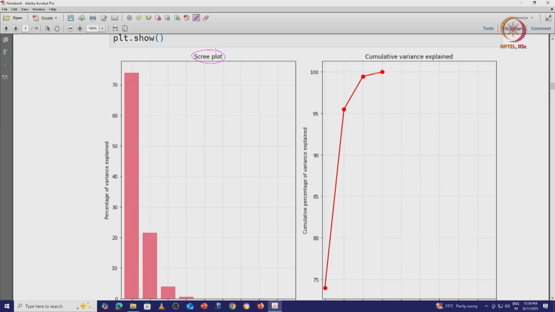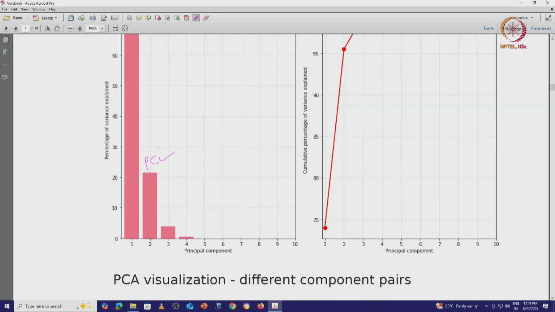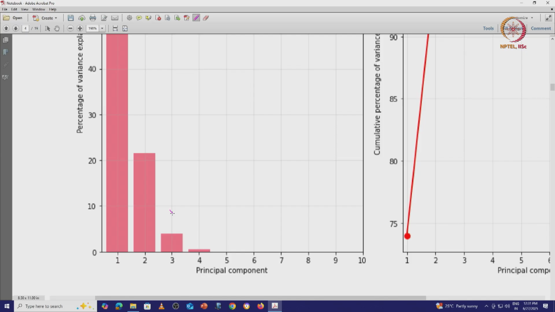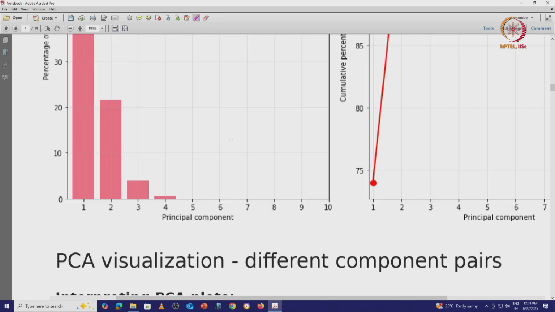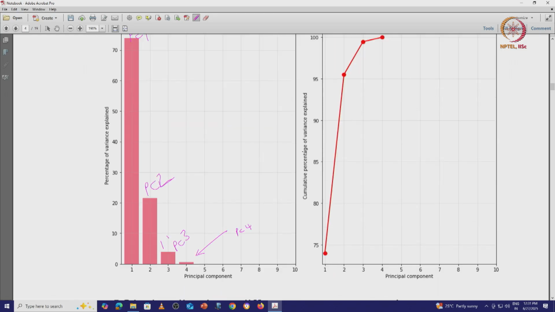The percentage of variance: this is principal component 1 with the highest variance, around 75%, then this is principal component 2 with around 20% of the explained variance, then principal component 3 is only about 5% here, so that's PC3, and then finally this is PC4. So I hope this makes sense to you.